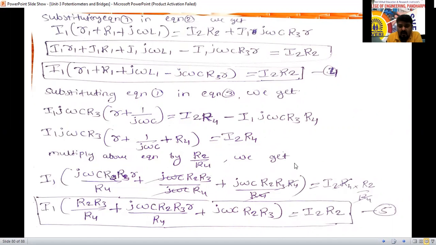This complete term, I will take the annotate, just a minute. When I send this complete term to the LHS side, it will become plus. Yes or no? If I send this term to the LHS side, it becomes plus. The minus term will become plus.